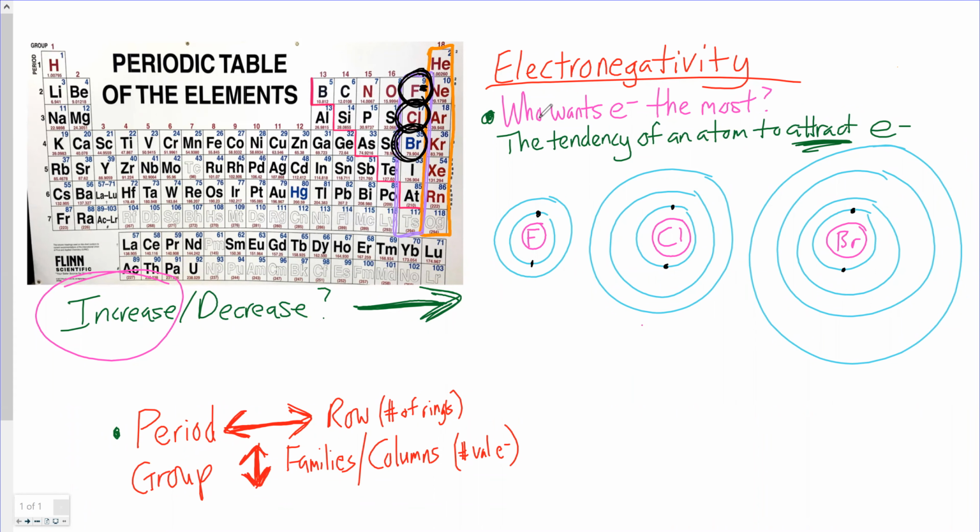So how many valence electrons should he have? 7. Very nice. So if we do 7 on this outside ring plus this 2, that's his 9, right? So he has 1, 2, 3, 4, 5, 6, 7. All he needs and all he wants is 1 more electron right there.